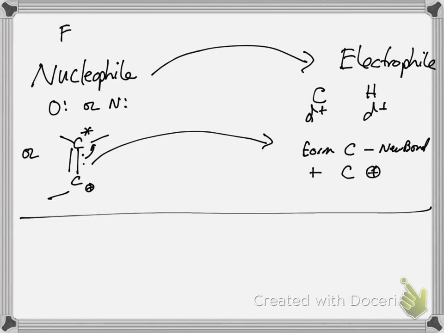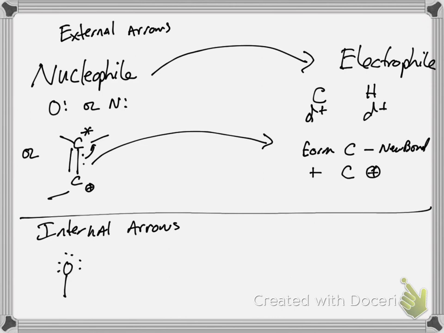Okay, so these are external arrows. It's a lot more straightforward to follow external arrows, but internal arrows come in 2 types. Let's take a look at those. You can have a lone pair, so this is internal, within a molecule. It starts at a lone pair and points at a bond.